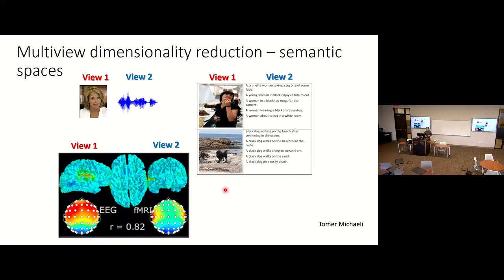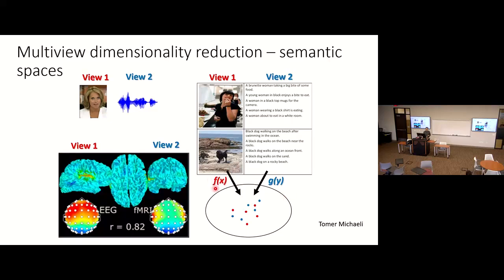So this is from brain samples where you have EEG and also functional MRI, different views of the same object. You want to project those.